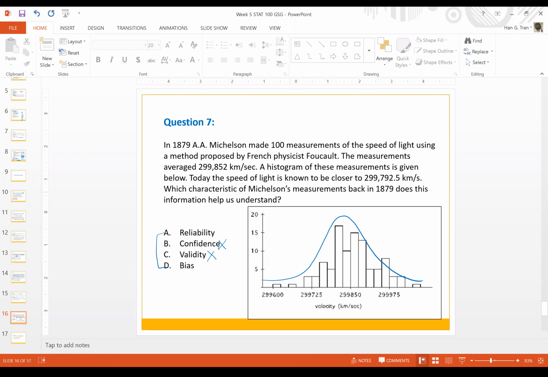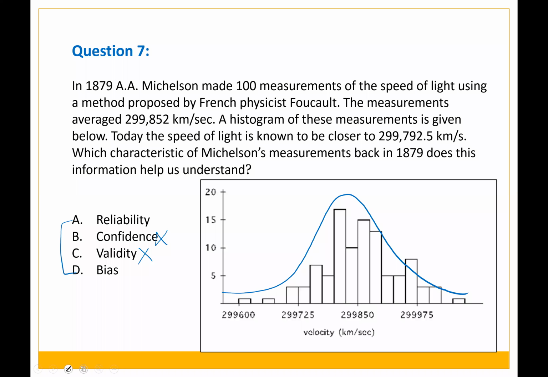I would say the answer I picked is reliability, but now that we think about it, it's actually bias, because obviously you can see the answer that he has is way higher than the actual speed of light. We said earlier that he took the average already, so most of the measurements are prejudiced toward the higher value. So there's a bias in his result, if we assume that this is the correct value.